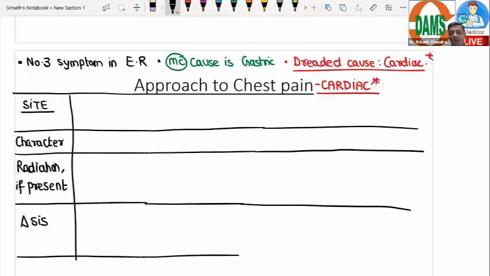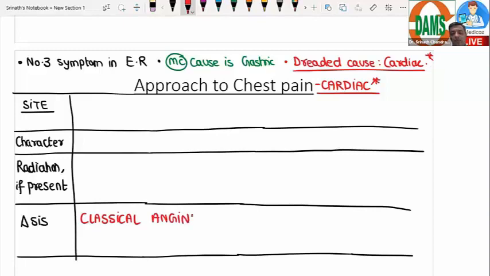What are the different cardiac causes of chest pain? Yes, the most common cause of cardiac chest pain is classical angina. But let's not forget, chest pain can also occur in aortic dissection.